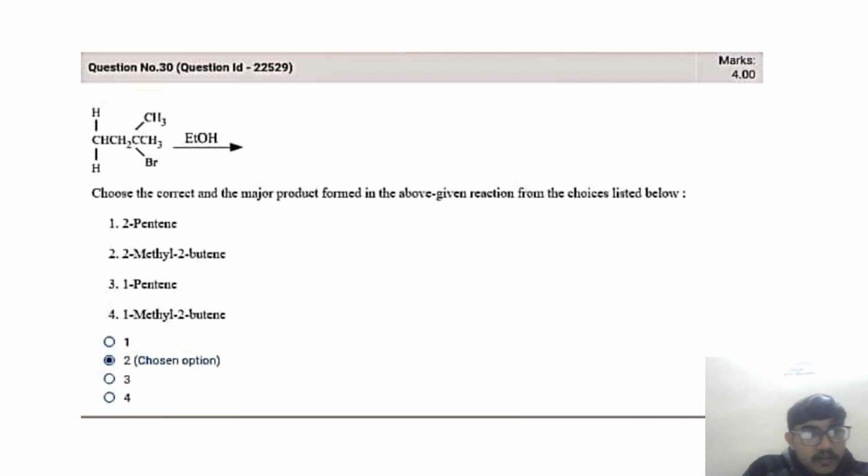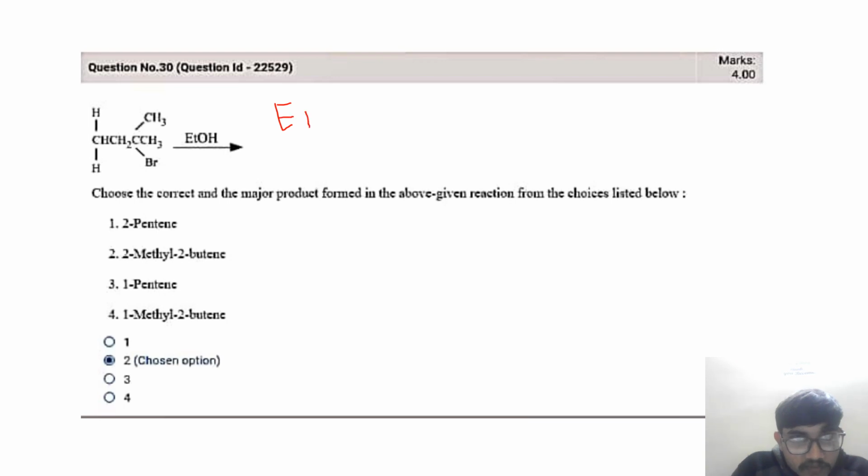Then this question is also from GPAT 2023, which is based on the E1 reaction, sorry, not SN1.